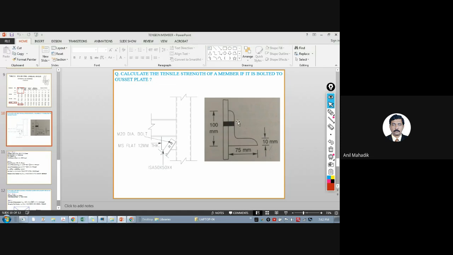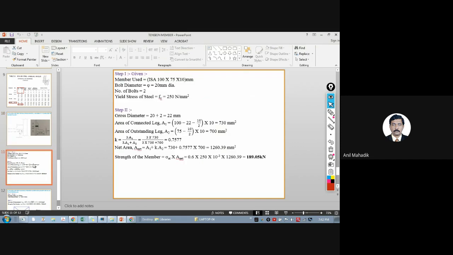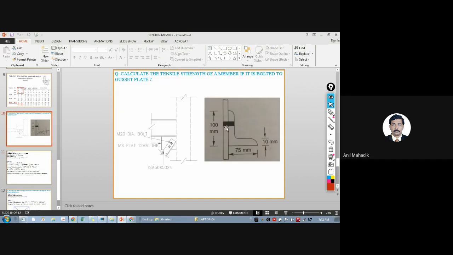What will happen in this? There is a hole. That means you should subtract the hole area, right? So area of the hole is how much? This much has to be subtracted, right?